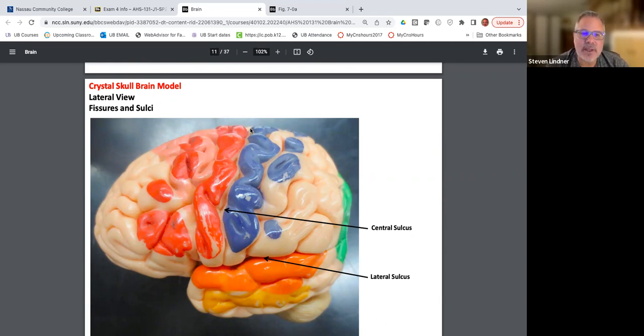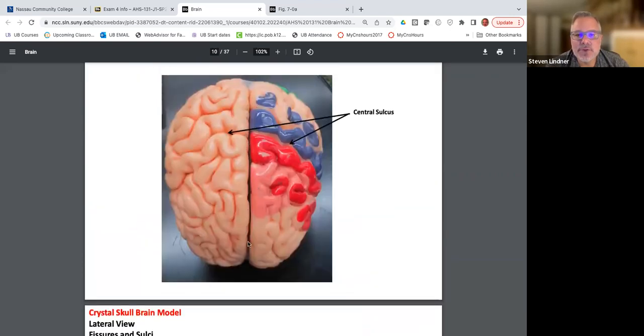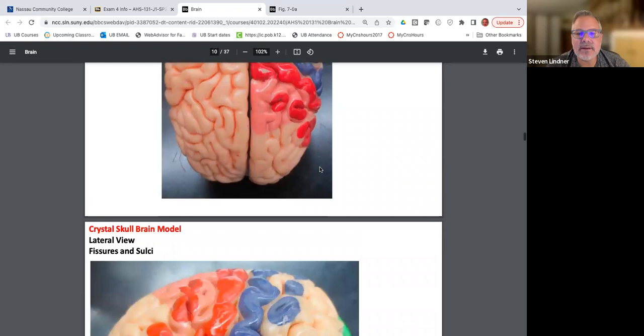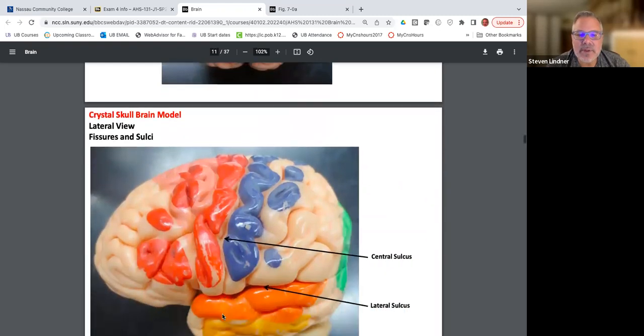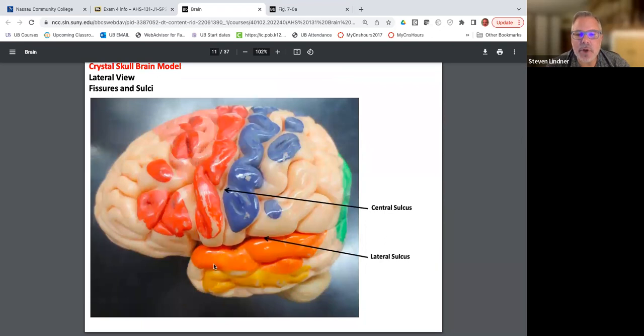You can see it really starts where that sagittal suture is, or the longitudinal fissure, and it goes straight down the side, right to the beginning of the temporal lobe. The reason why it's called the central sulcus is that it really is right down the center of the brain.